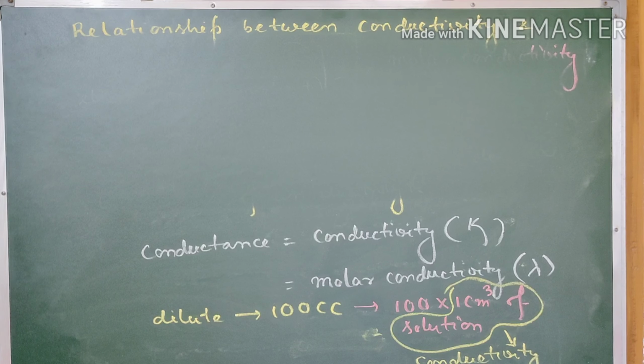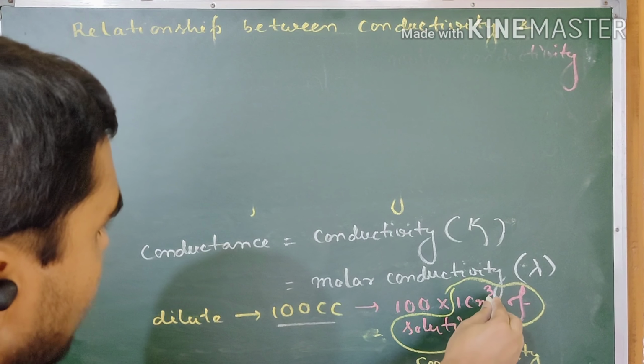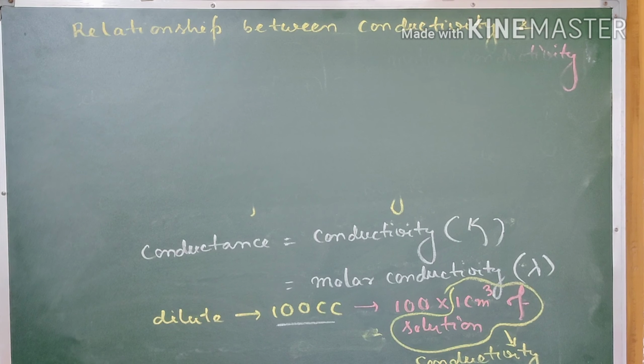The conductance of each 1 centimeter cube will be the conductivity, so the conductance of the solution will be 100 times its conductivity. But the solution contains only 1 gram mole of an electrolyte, so the measured conductance will also be the molar conductivity. The only thing changing is that it is diluted to 100 cc, so it is 100 into 1 centimeter cube of the solution, but the total solution still contains only 1 gram mole of an electrolyte.